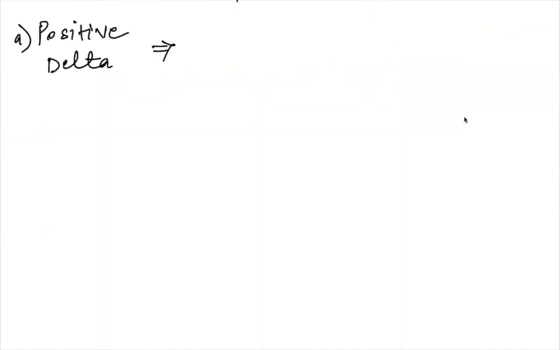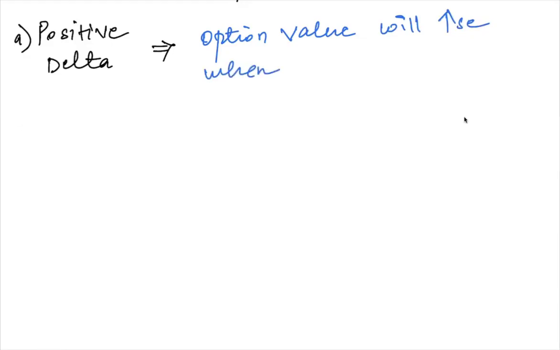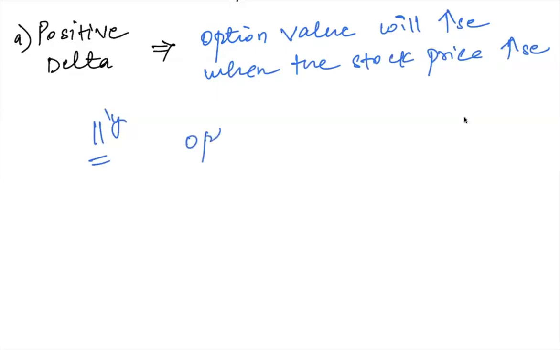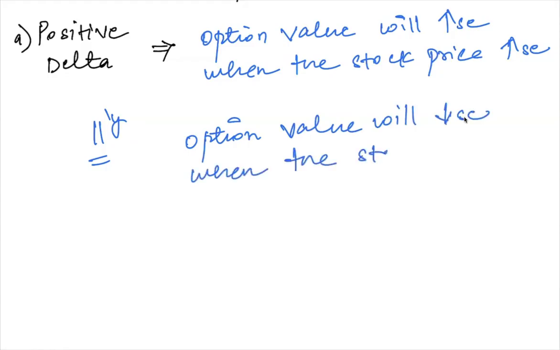Positive delta means that the option value will increase when the underlying stock price increases, and the option value will decrease when the stock price decreases.